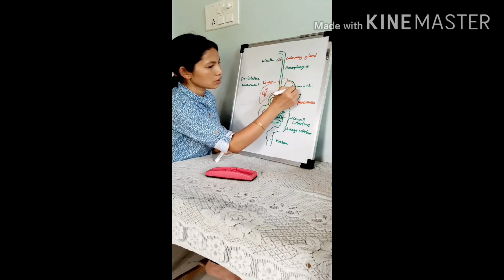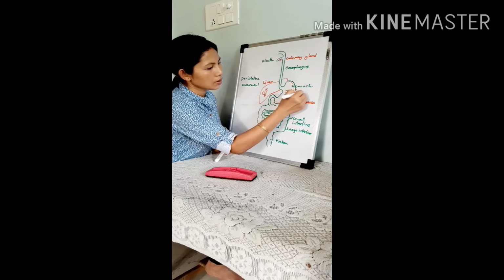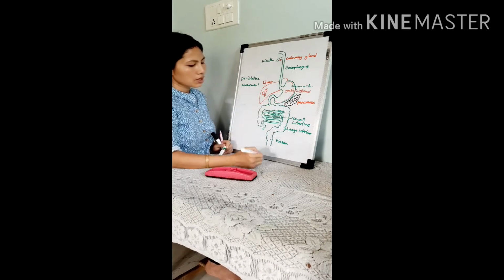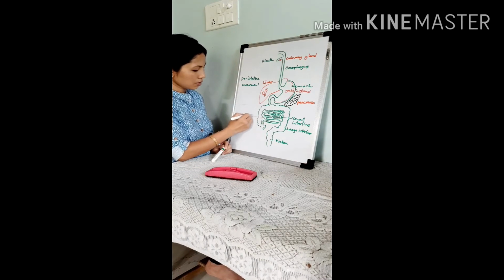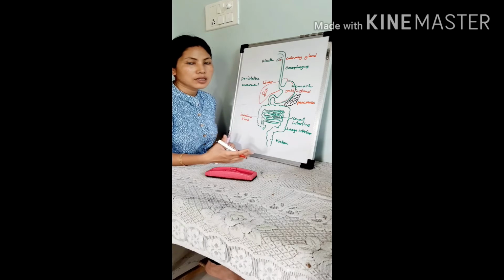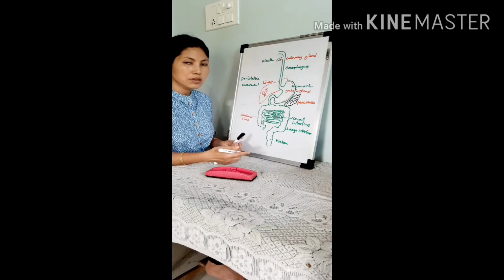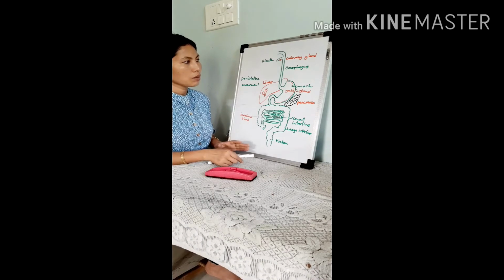And in the intestine we have the intestinal gland. So these are some important glands that help in the secretion of enzymes and for the further process of digestion.